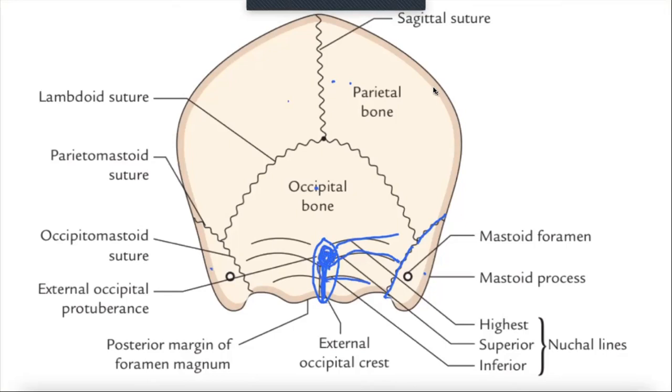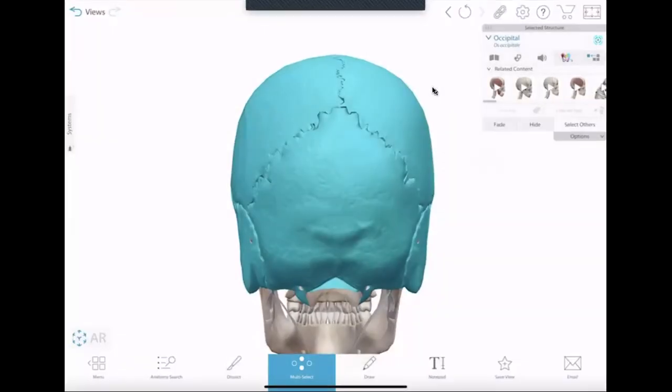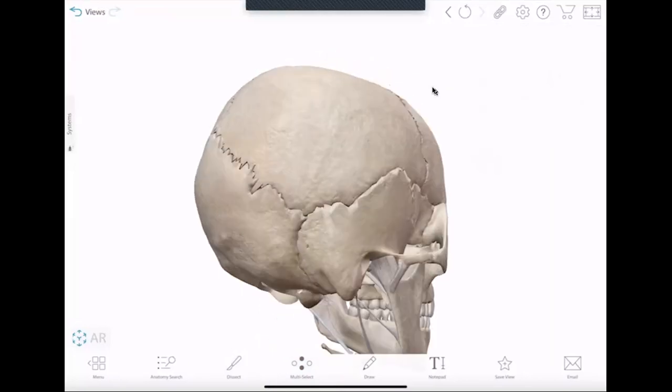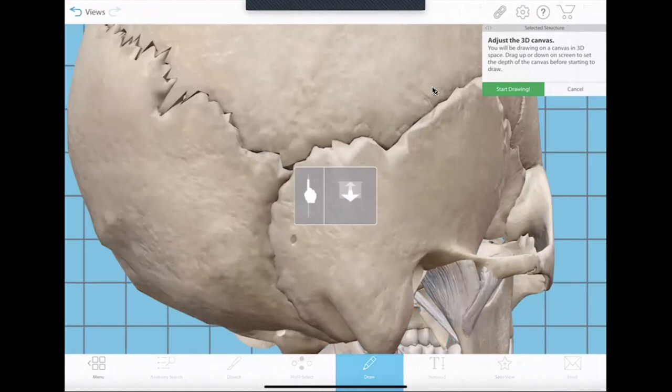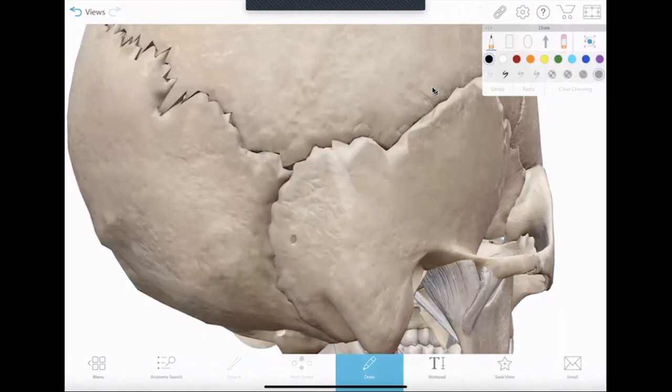You see the foramen, this is the mastoid foramen, right? And the sutures, right?